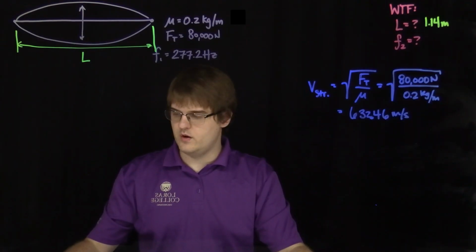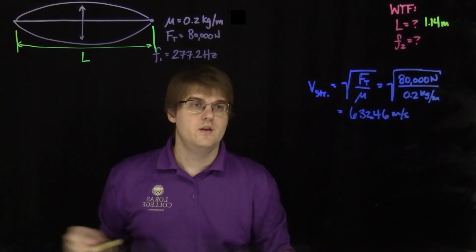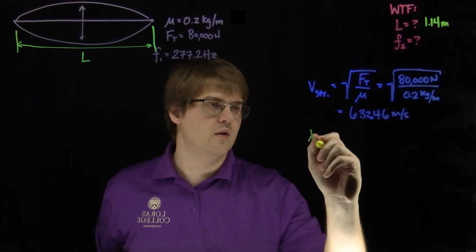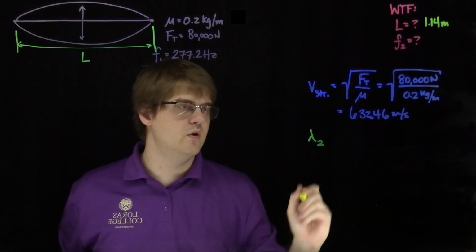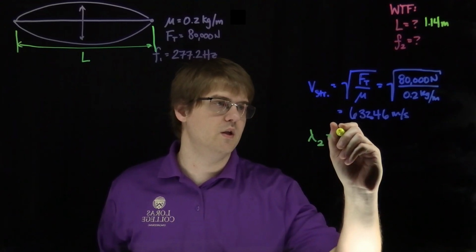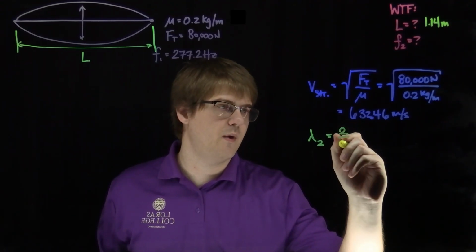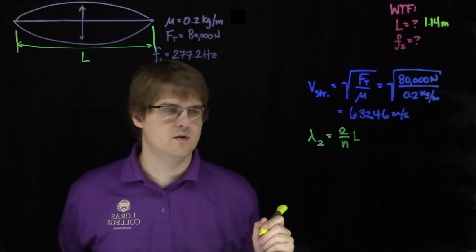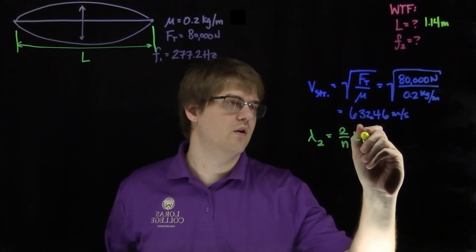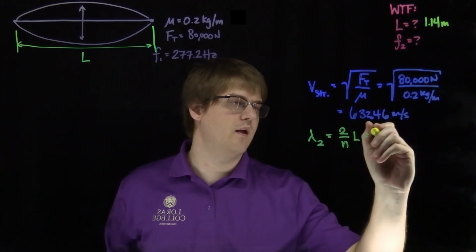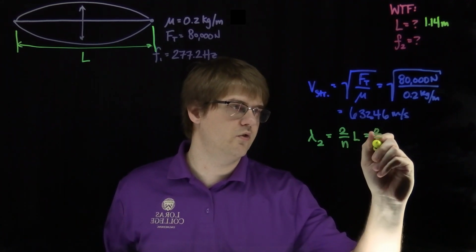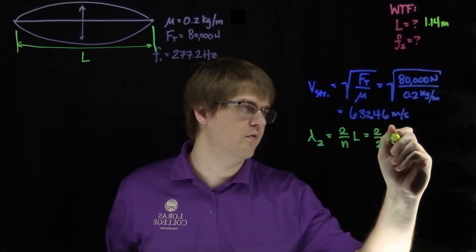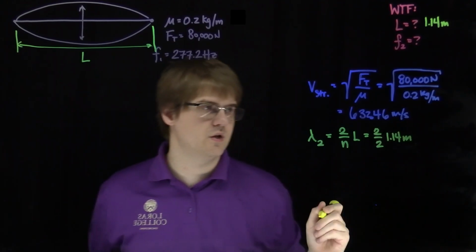So at this point, I'm going to go ahead and write down lambda 2 is going to be equal to 2 divided by n times my length. In this case, my n is 2, so 2 divided by 2 ends up as 1, and my length is 1.14 meters.